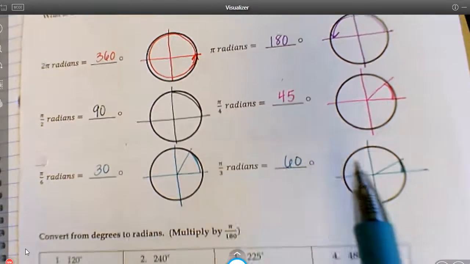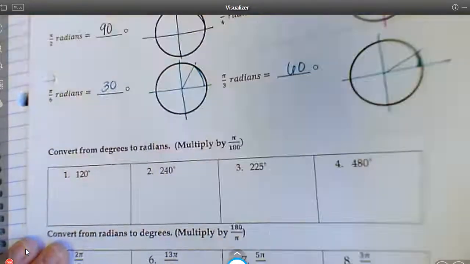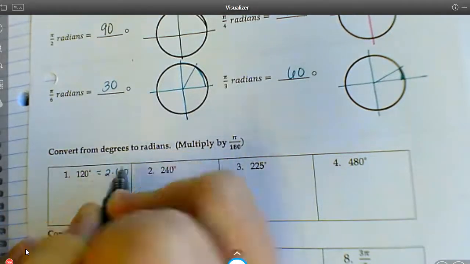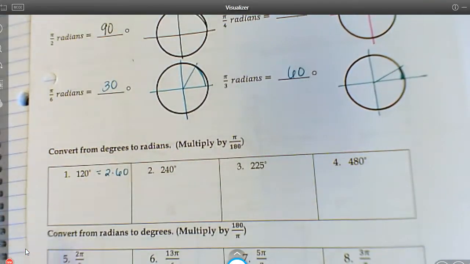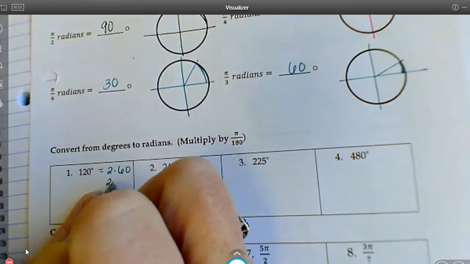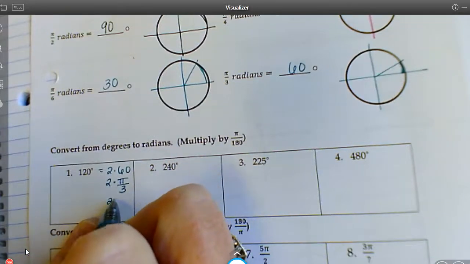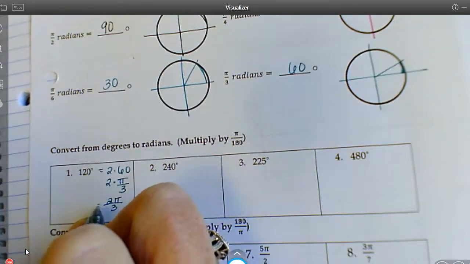How many 60s make 120? 2 of them. So I could say that 120 is 2 times 60. Well, if I know that 60 is pi over 3, then I would know that this is 2 times pi over 3. And there's another way to write it, 2 pi over 3.